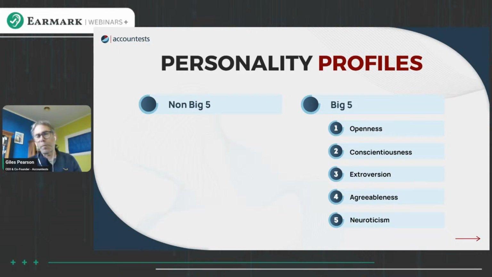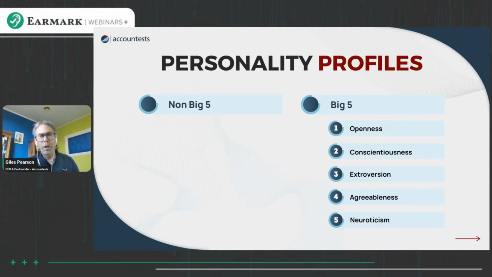So if you sit back and think about that, you go, well, those are the things that affect the way that we all work. And we all have different levels of how we exhibit those, I guess.